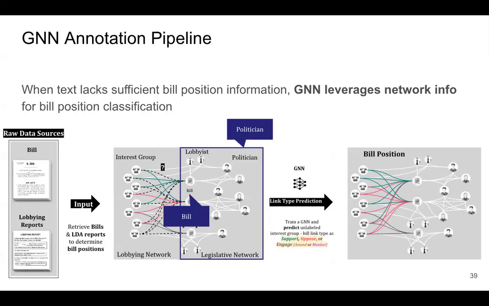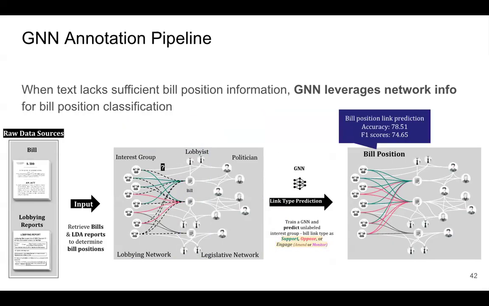Right. So in terms of the accuracy, when the text specifies whether there's support or oppose, the LLMs are very accurate, like 98% accuracy. But the GNN accuracy is a little bit less, as you can see. This task is a little bit noisier and more difficult for GNNs to do the prediction.